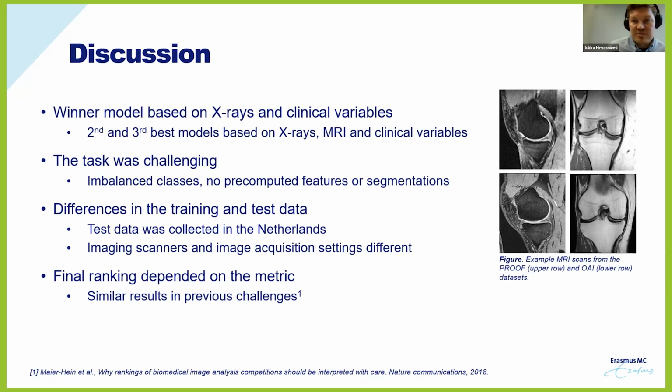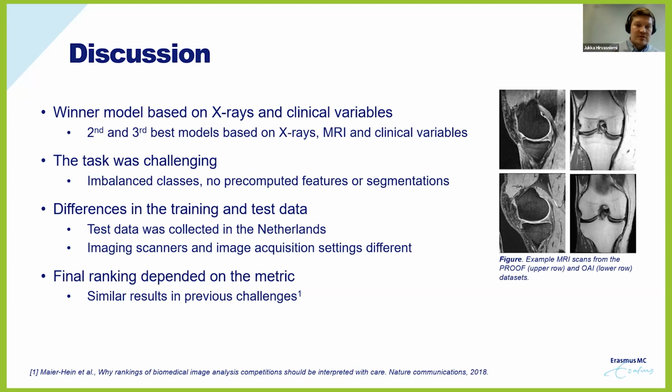And as mentioned, the task was very challenging for the participants. It might be because there were imbalanced classes, so about 20% of the participants developed osteoarthritis during the follow-up. And we did not give any pre-computed features or segmentation for the participants, so quite some effort was needed from them to process the images. Also, there were differences in the training and test data.